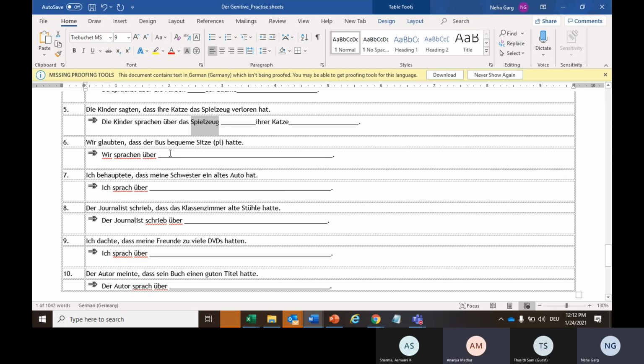Wir glaubten, dass der Bus bequeme Sitze hatte. Wir sprachen über the bus. So über the comfortable seats basically. Sitze, plural, seats.